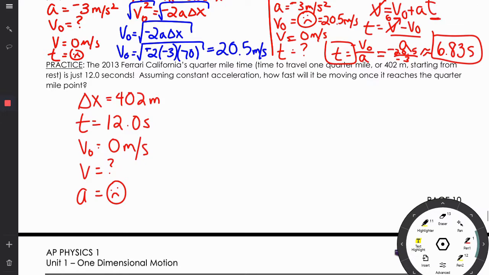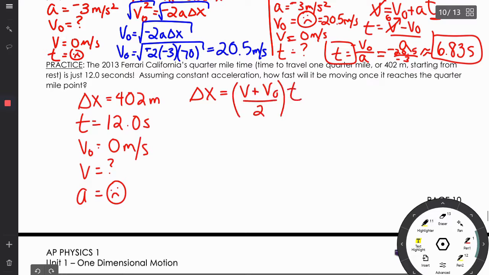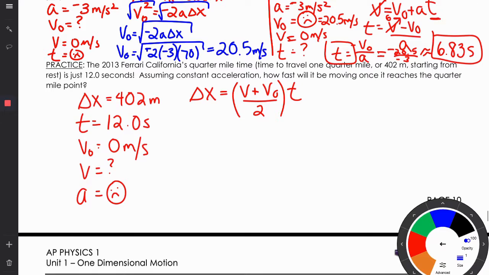So we're going to do delta x equals (v plus v0) over 2 times t. We'll walk through this algebra because it seems a little, not difficult, but there are a lot more steps to it. We're looking for v, and we can get rid of v0. So if we do a little simplifying before we solve, we're going to get vt over 2.